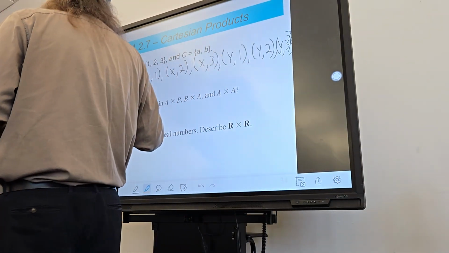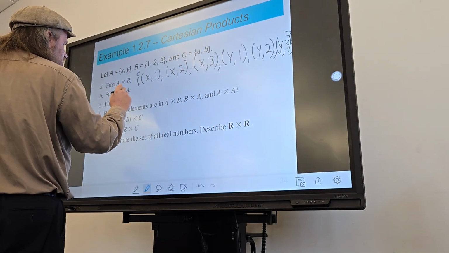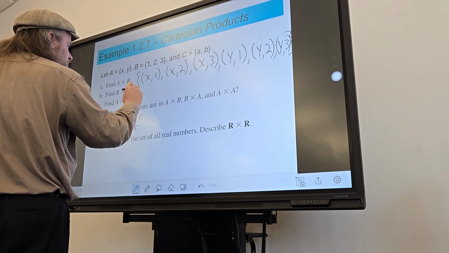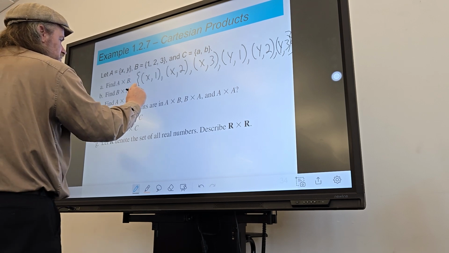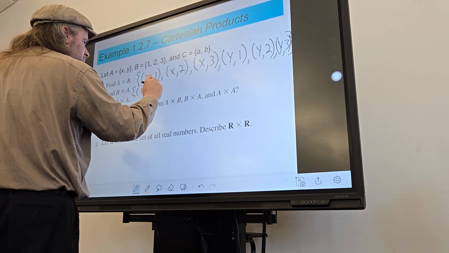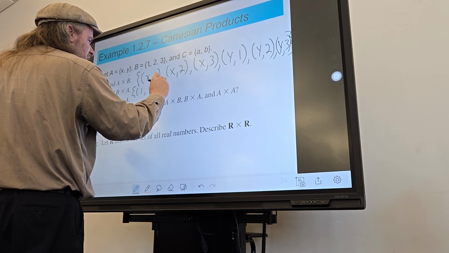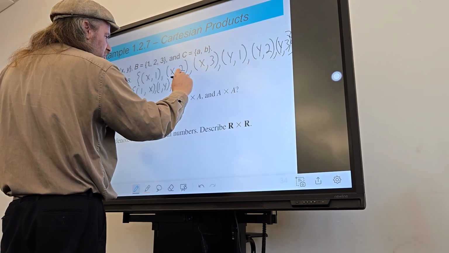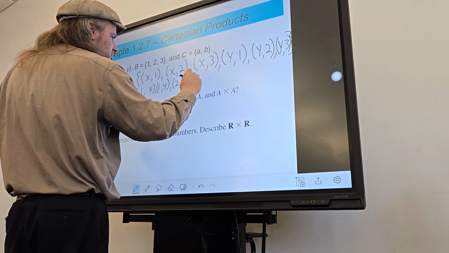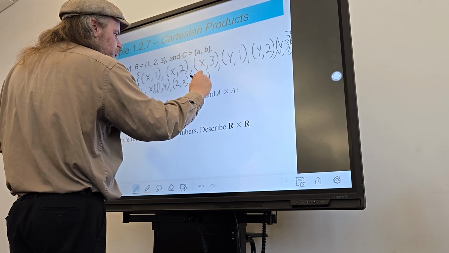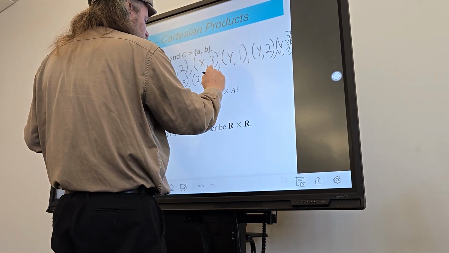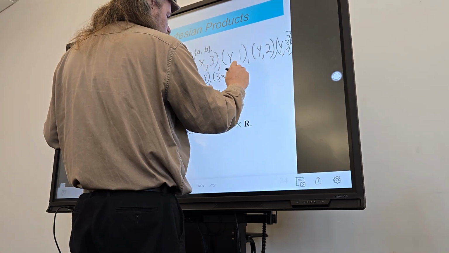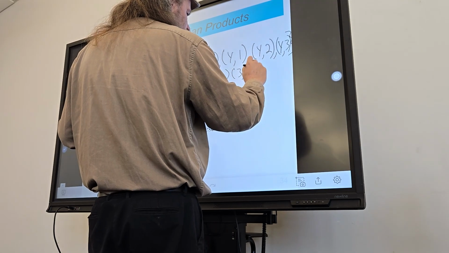But looking at B Cartesian product with A, you would have the B element first, so it would be 1 comma X, 1 comma Y, 2 comma X, 2 comma Y, and 3 comma X, and 3 comma Y, close, close.